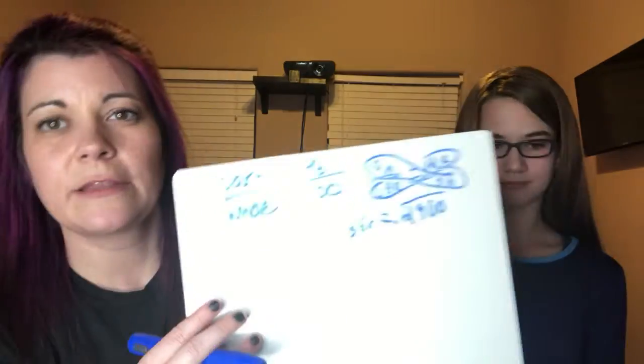And then 36 times x is 36x. Just put x. Remember, it's x. It's the unknown. And then if we divide that, we will get 80.5. Very good.